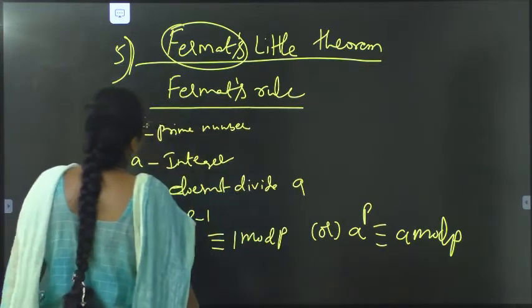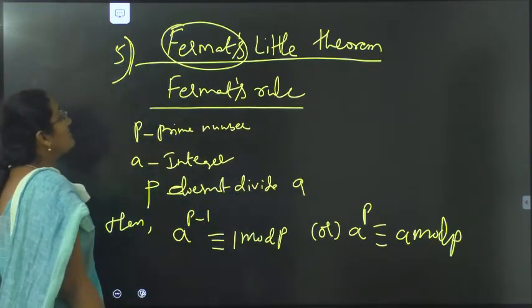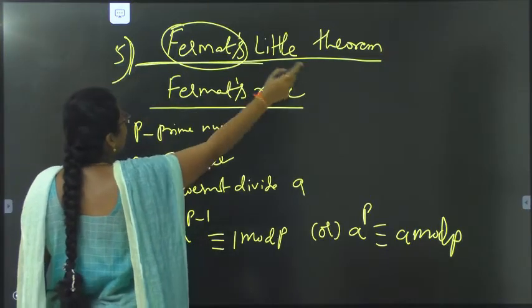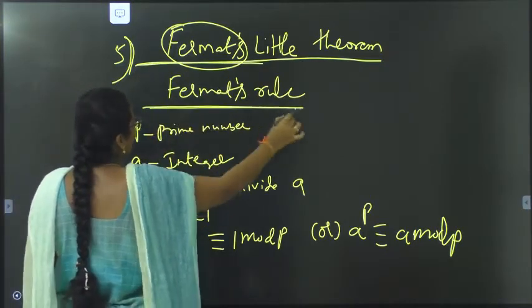These are the two statements stated by Fermat. So the fifth point in the mathematics of asymmetric encryption is Fermat's little theorem, also called the Fermat rule.